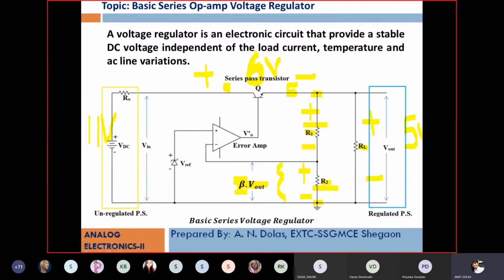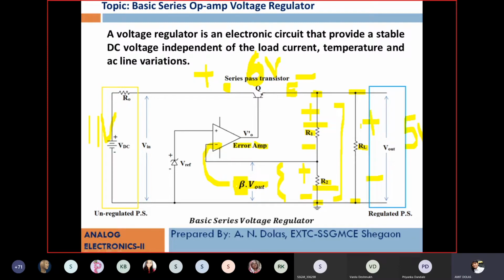So beta is fixed because the components R1 and R2 are fixed, but if due to any reason the output is varying, then that will be sampled by the feedback components R1 and R2, and that sampled voltage, beta V0, is provided to the minus terminal of the operational amplifier, which acts like an error amplifier here.